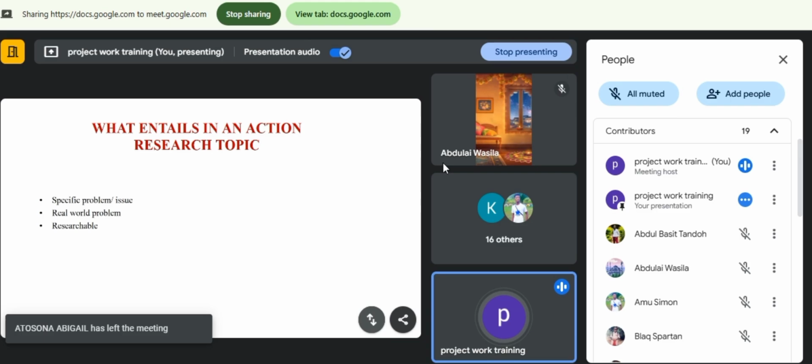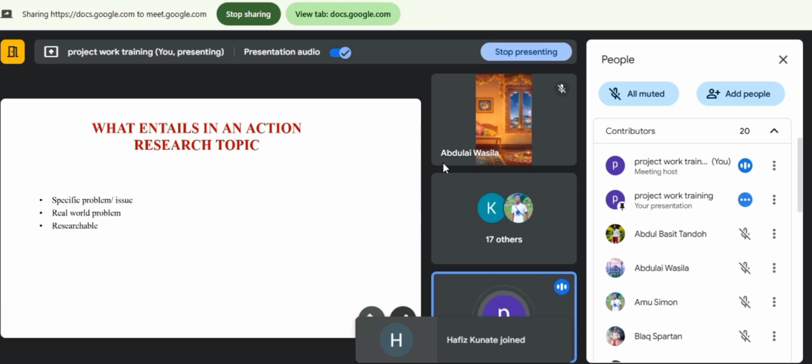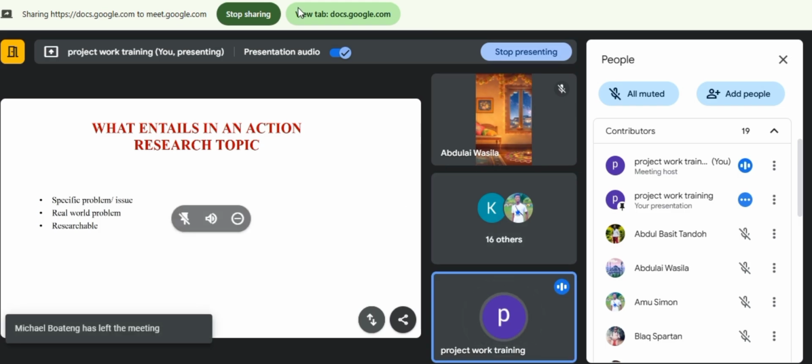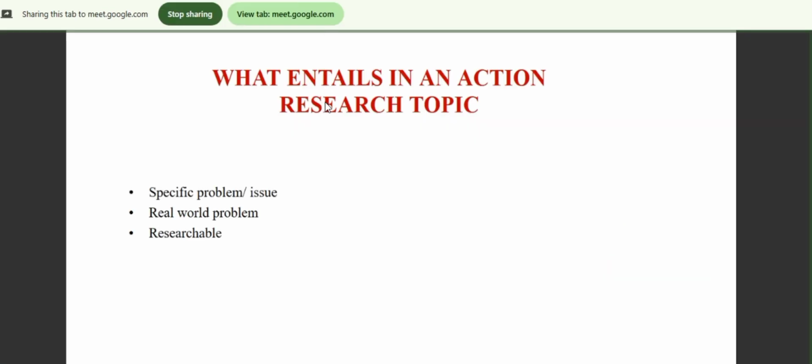Before you write an action research topic, you must ask, how best can I do research about it? Because with some topics, you can write chapter one, but when you get to the methodology, you wouldn't know how best to use the methods. So that is also a key element when you are choosing a research topic.